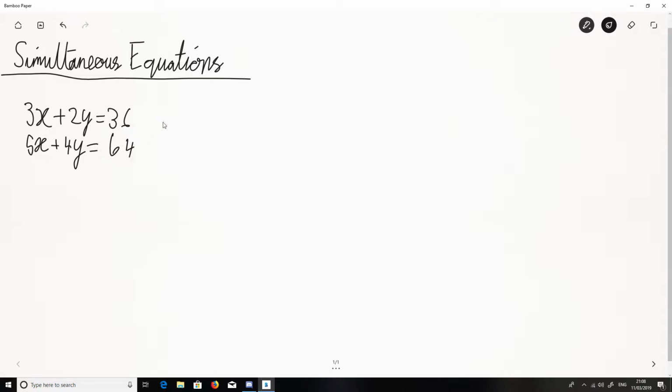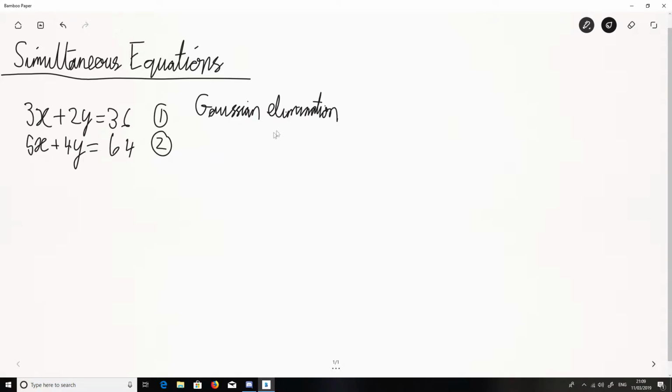What we want to do is label these equations 1 and 2. The problem we have here is that we can't solve for one variable because the other one is in the way. So we want to eliminate one of the variables, hence the name Gaussian elimination.